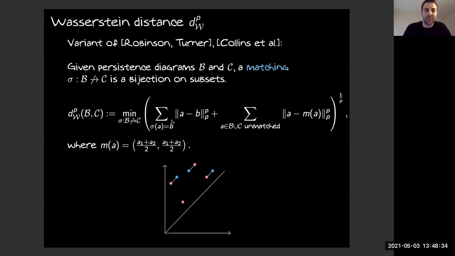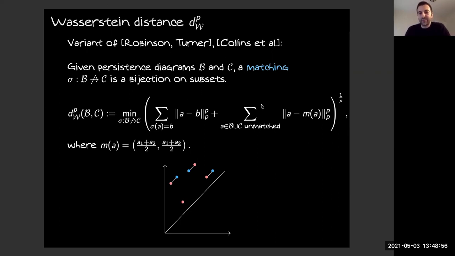And what is this? Let's just talk through it because it's important. For each matched pair of points in this matching between barcodes, I'm going to take the p-norm of the difference between the matched points. So this is a p-norm in the plane. And I'm going to raise that to the p-power and take the sum of these for all such matched pairs.